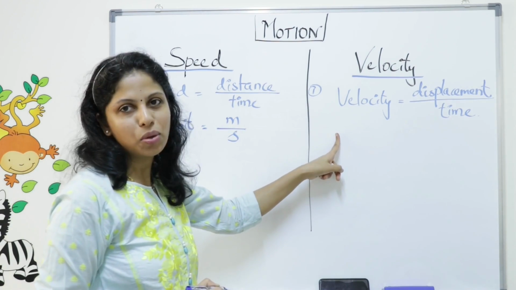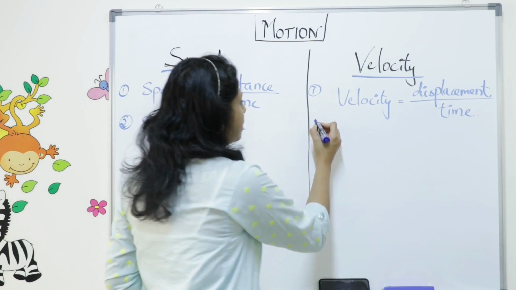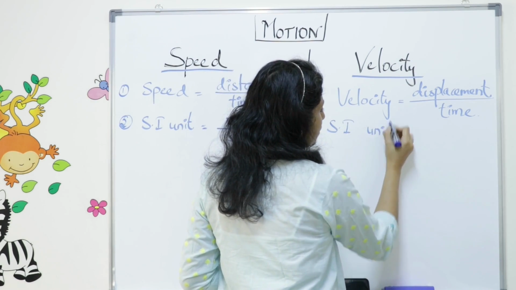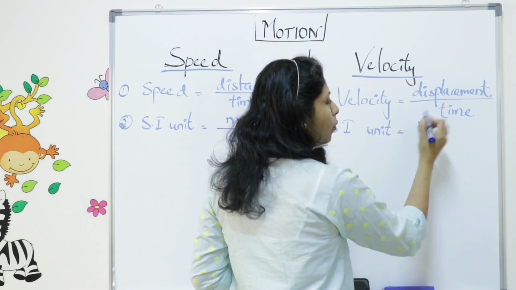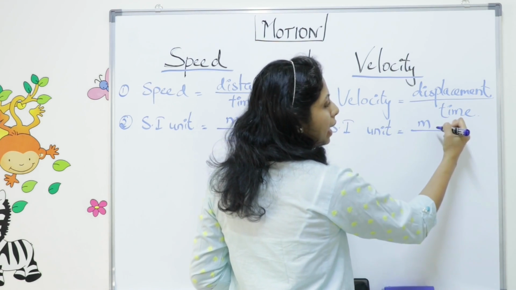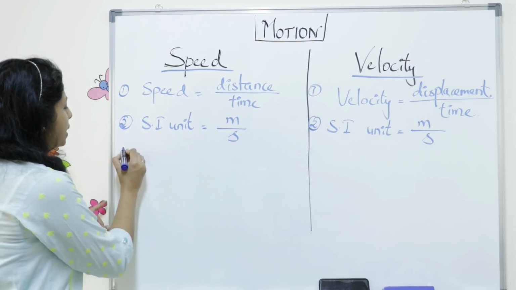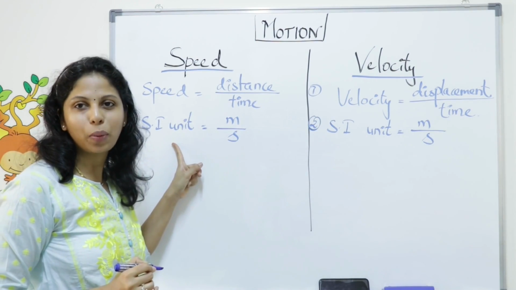Similarly, the SI unit of velocity is also meter per second, because the SI unit of displacement is meter, as you have already studied in the previous class, and the SI unit of time is seconds.